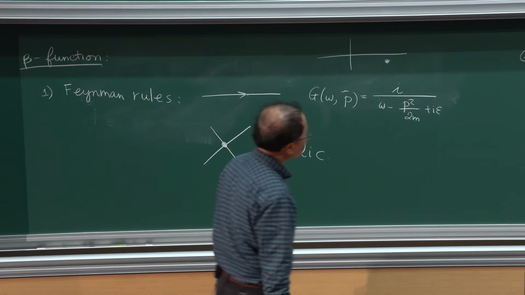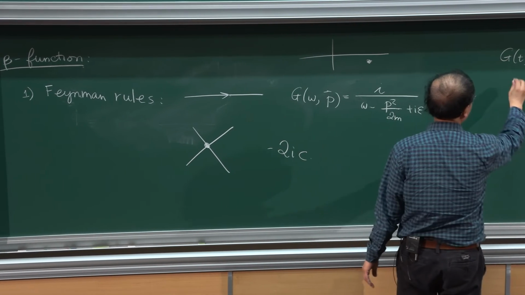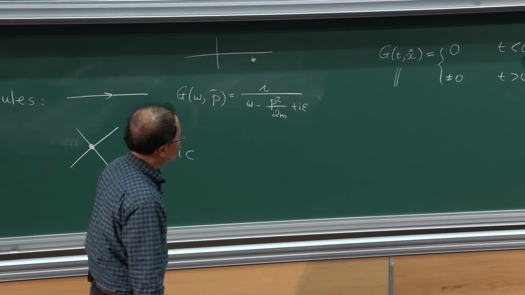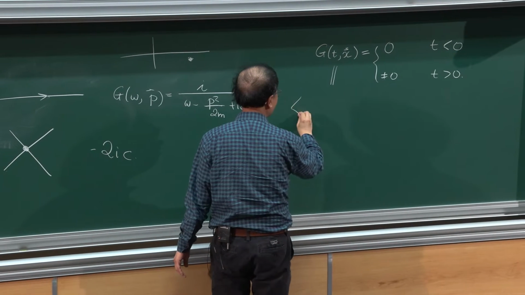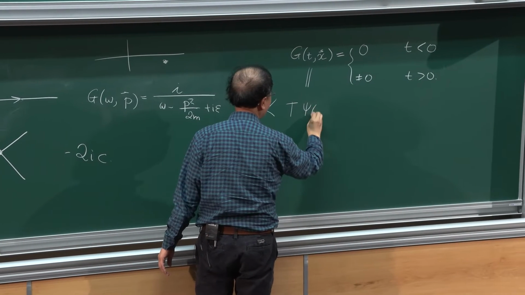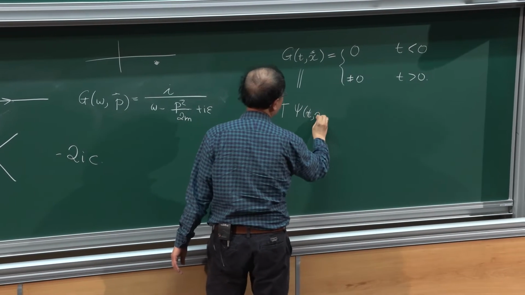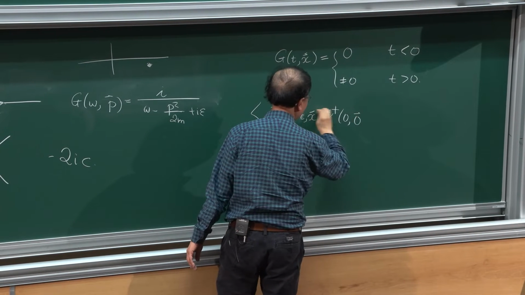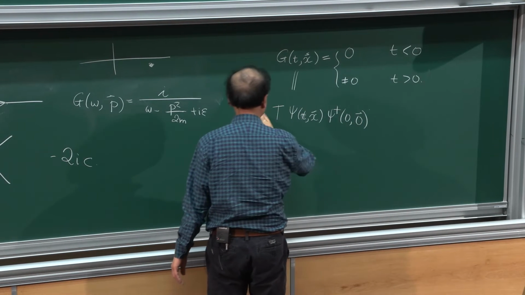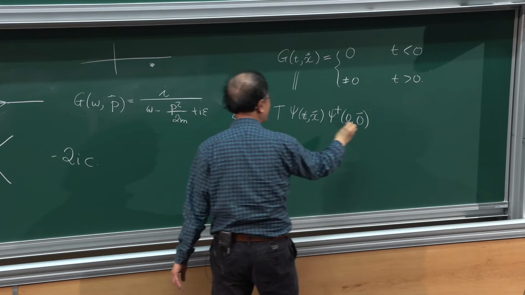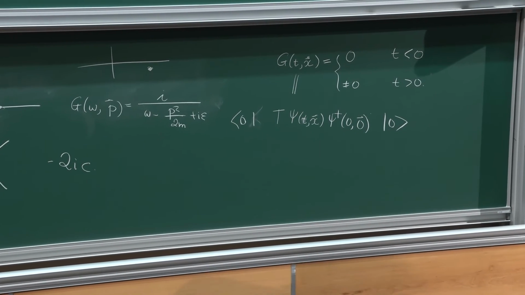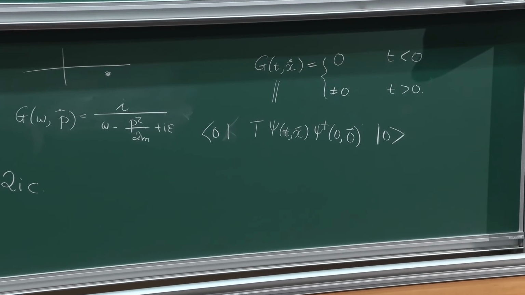Another way to see the same thing is to remind ourselves that in field theory, the Green function is the expectation value of the time-ordered product of psi and psi dagger, at x and 0. Here expectation value means we take the average of the time-ordered product in the vacuum.